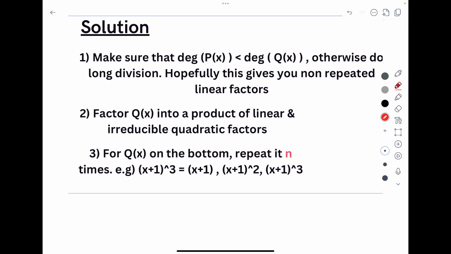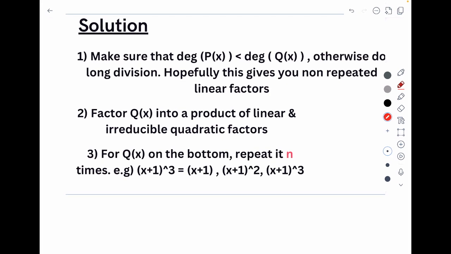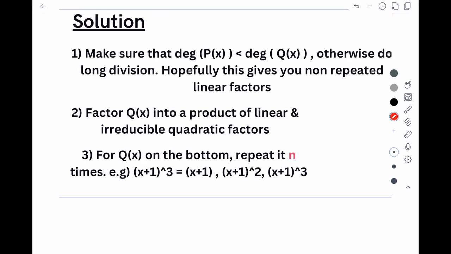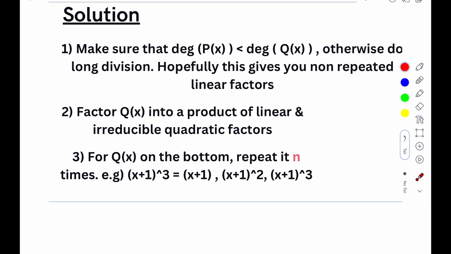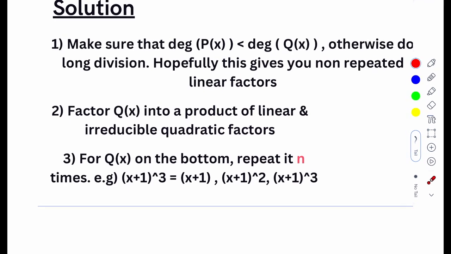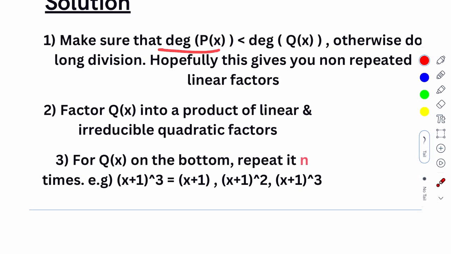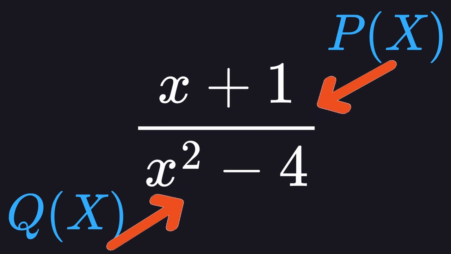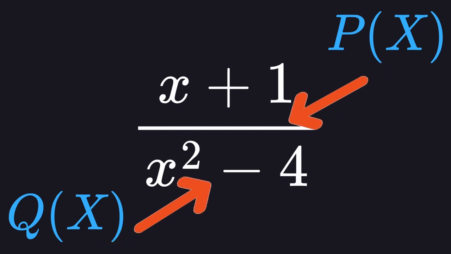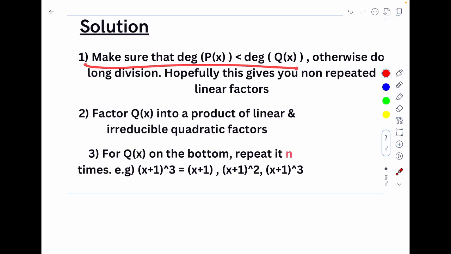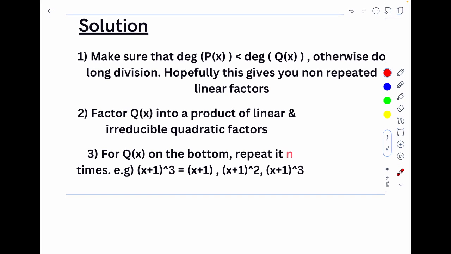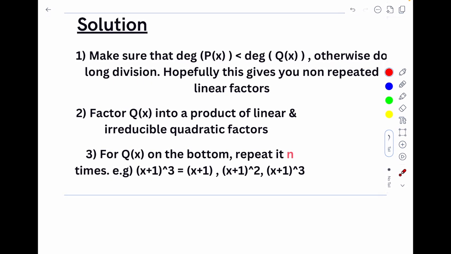The key thing to remember are these 3 points, and typically if you follow these 3 points you can figure everything out on a common sense basis, and just knowing these would probably help you out a big deal. So basically, if the degree of p of x is smaller than the degree of q of x, then you're fine. But otherwise you need to do long division.